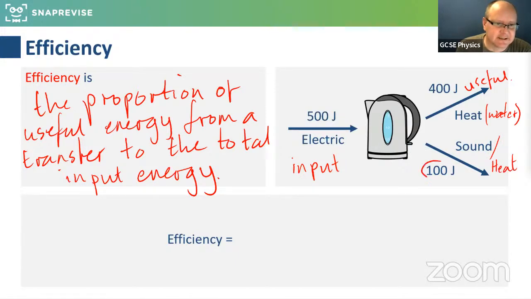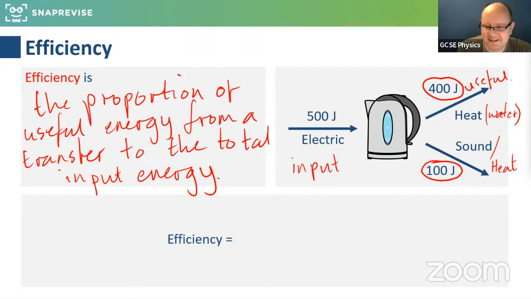And in this case, that's totaling 100. So in our example here, we've got 400 joules usefully transferred into the water in the kettle, but 100 joules is being wasted. So we can calculate the efficiency of our kettle by looking at the total useful out divided by the total energy in. In this case, that would be 4/5, wouldn't it? This would be, in fact, 80% efficient, as someone's already said there.